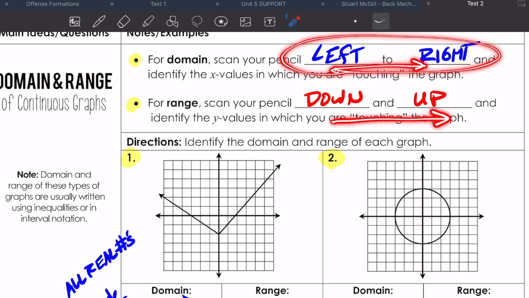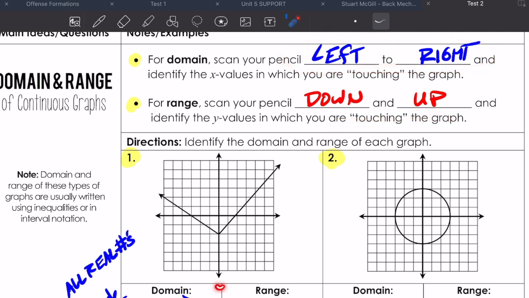Well, on the y-axis, down to up is least to greatest. So if I start way down here, I don't actually get to my graph until I get to this point. So the lowest my graph goes is -2, right? And as I go up, both this arrow and this arrow are going up, and they're going to continue going up, which means this is going to go all the way up in the y direction to +infinity.